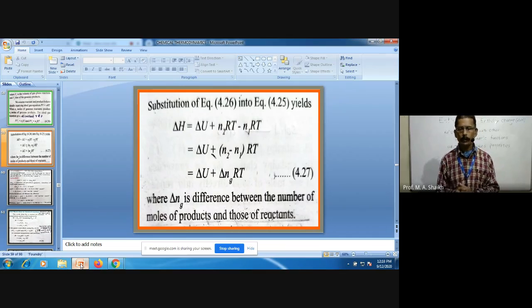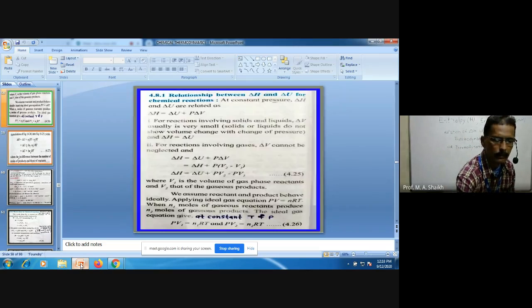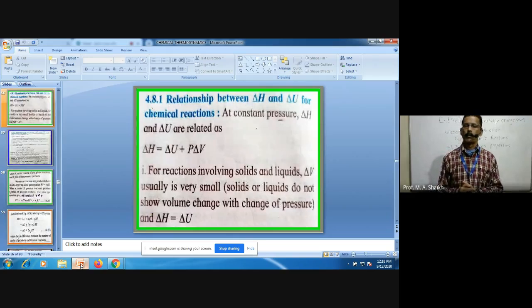Therefore, according to the equation delta H is equal to delta U plus P delta V, delta H is equal to delta U. Once again, I'm telling you, refer to this: delta H is equal to delta U when delta V is 0, and delta V is 0 when reactants and products are in the solid or liquid state. So one condition is that delta H is equal to delta U when delta V is 0, or when reactants and products are in the solid or liquid state.